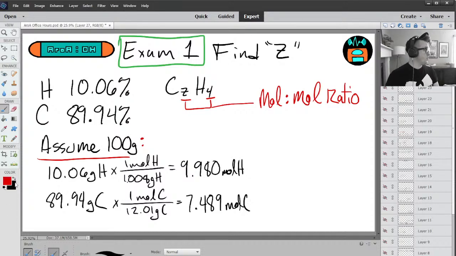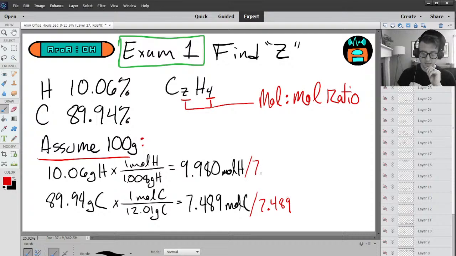It's hard to know what it is just looking at it. So let's simplify things and divide both of these by the smaller of the two. Let's divide both of them by 7.489. When you divide that, for carbon we get 1 mole, because 7.489 divided by itself is exactly that. Now let's take hydrogen and divide it by 7.489.